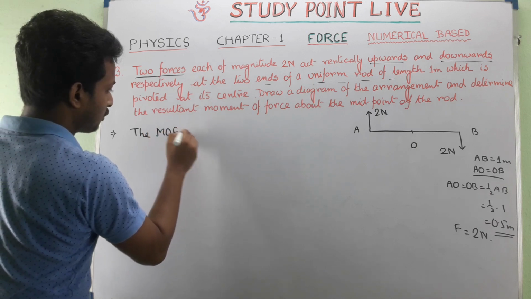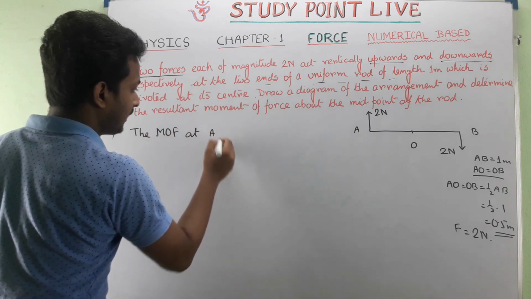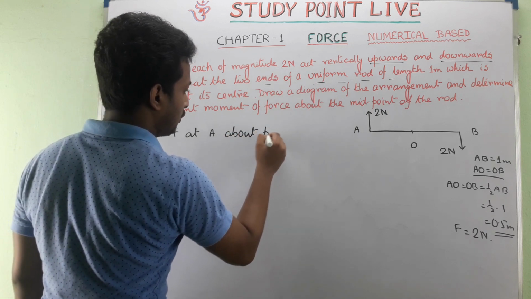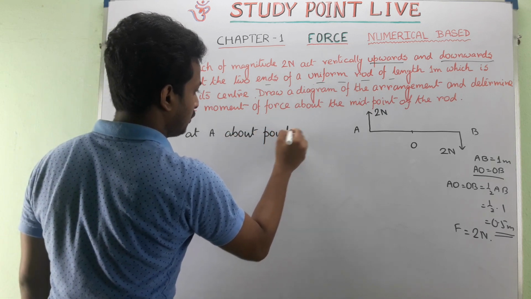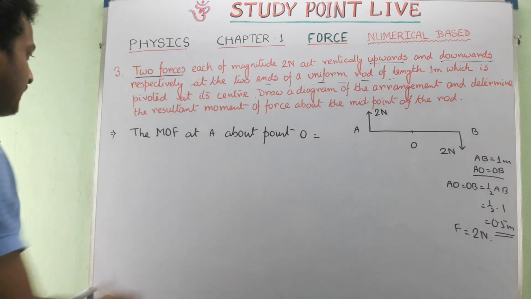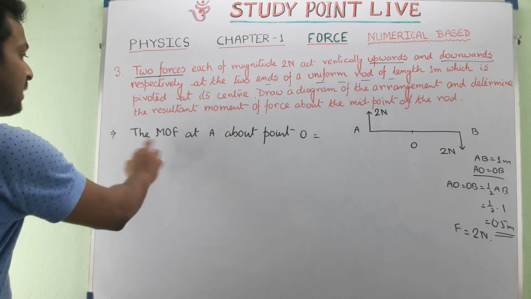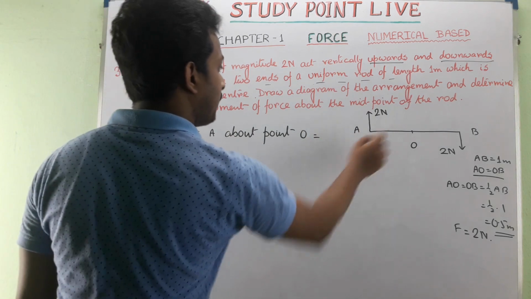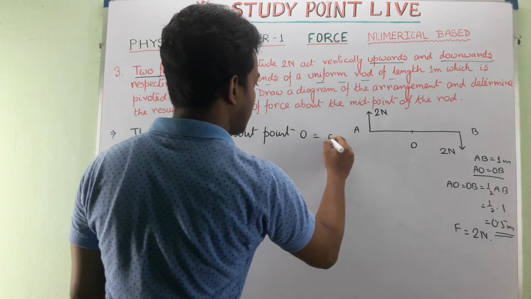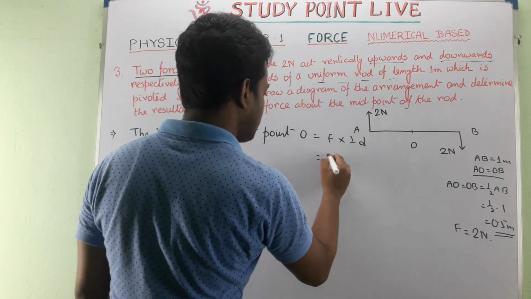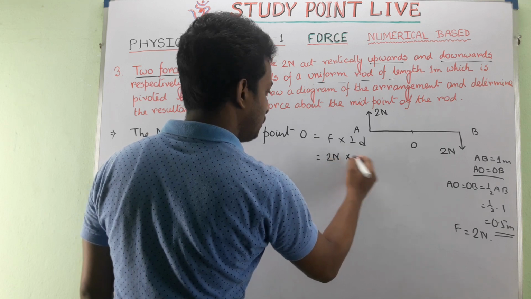The moment of force at A about point O is equal to, we are going to find the moment of force at point A about the point O, that is force into perpendicular distance. Now what is force? That is 2 Newton into perpendicular distance.